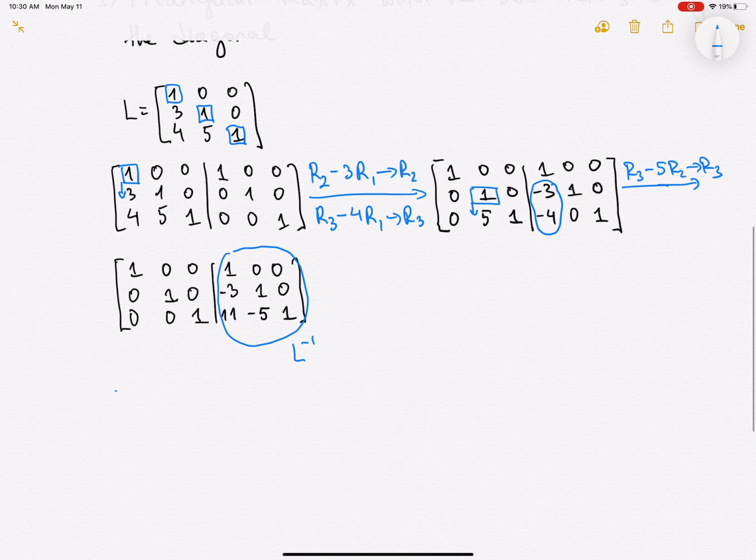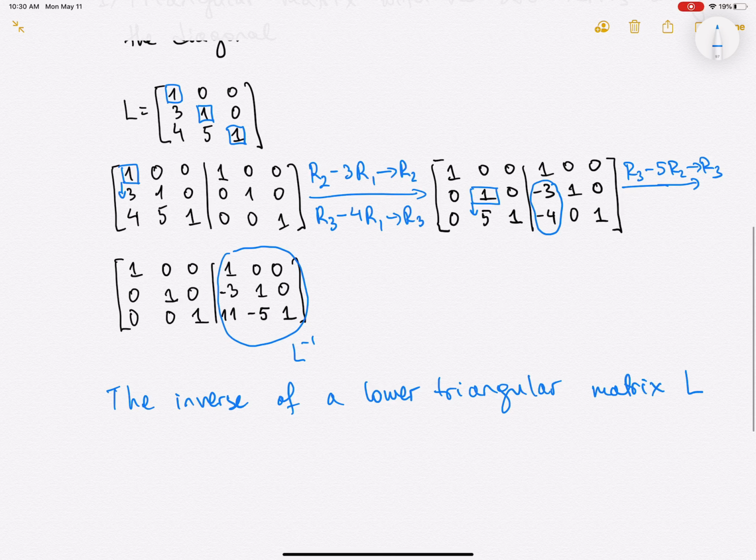Let me write that. The inverse of a lower triangular matrix L is also lower triangular.